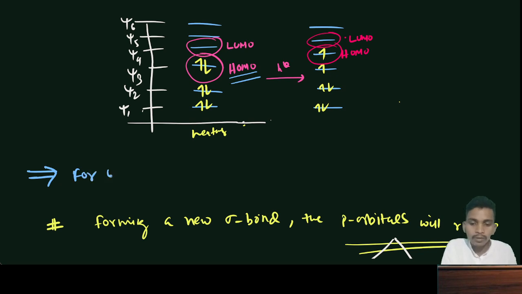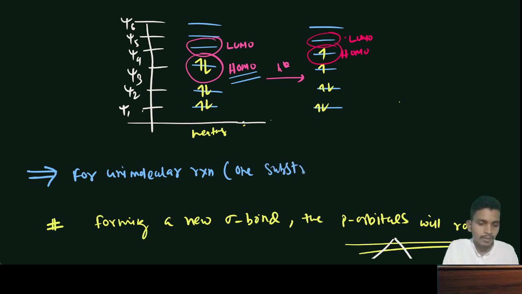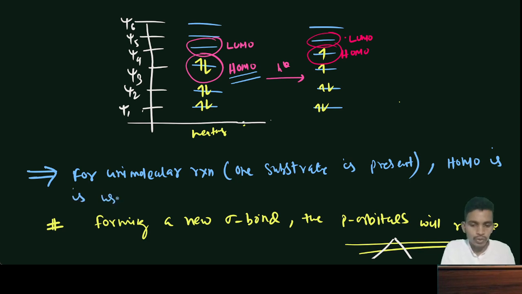For unimolecular reactions, or say one substrate is present, then the HOMO is used to analyze the reactions.